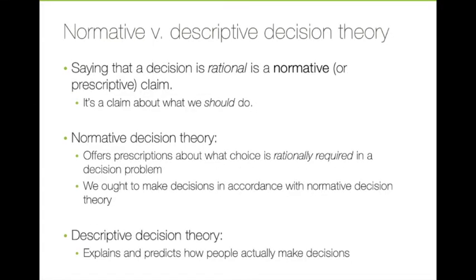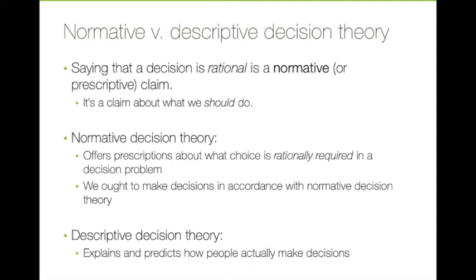So saying that a decision is rational is what's called a normative claim. It's a claim about what we should do. This is the foundation of the distinction between normative and descriptive decision theory. Normative decision theory offers prescriptions about what choice is rationally required in a decision problem.